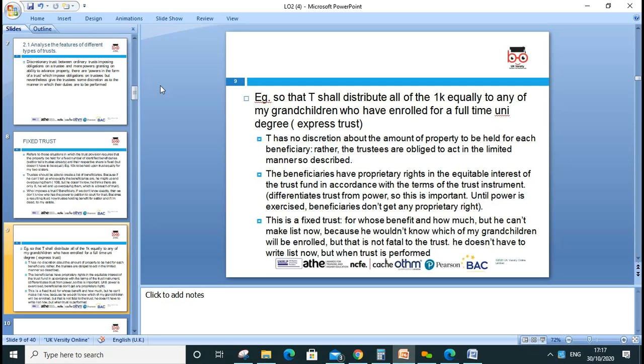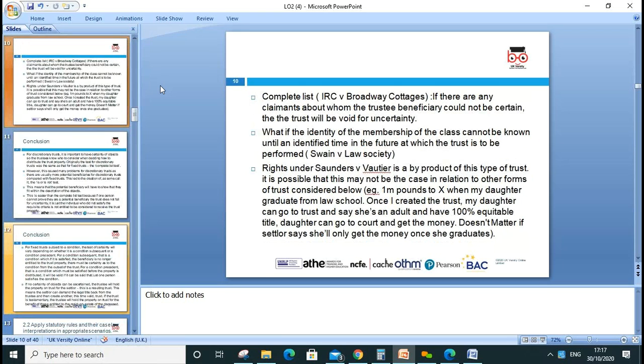So that is not fatal to the trust. He doesn't have to write the list now, but when the trust is performed, when somebody joins the degree. So it's like you're giving a conditional gift. So we have some case law here: IRC versus Broadway Cottage.